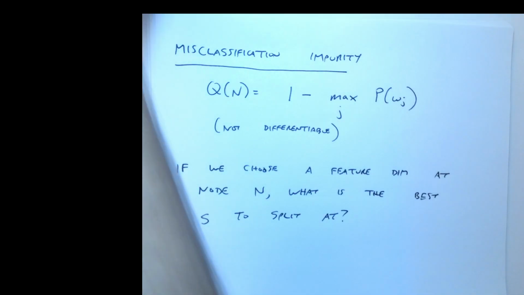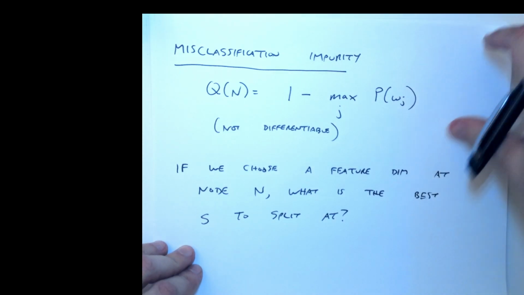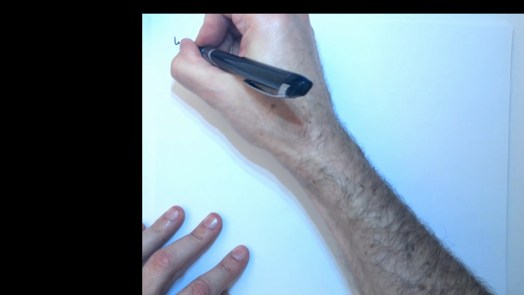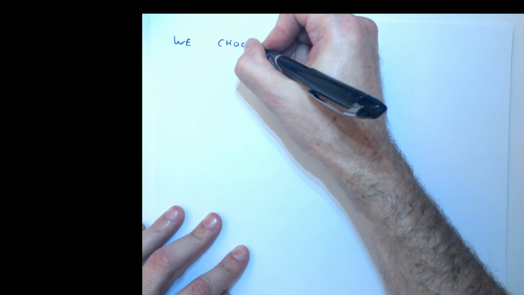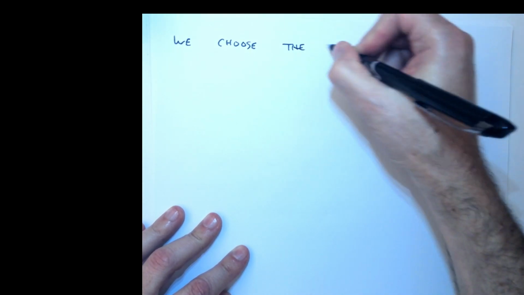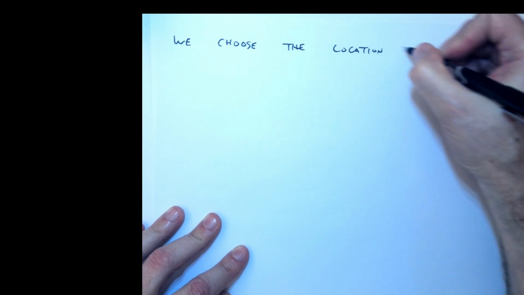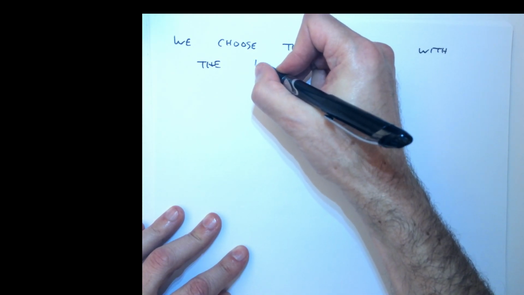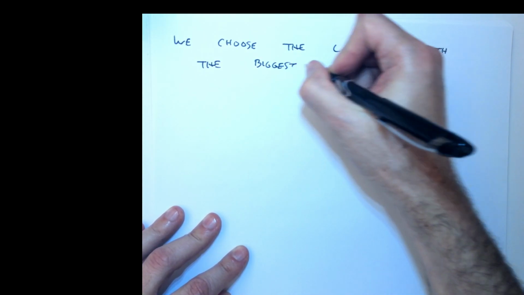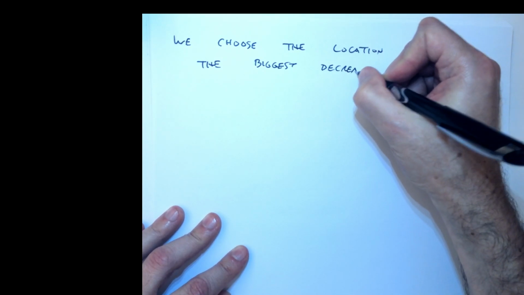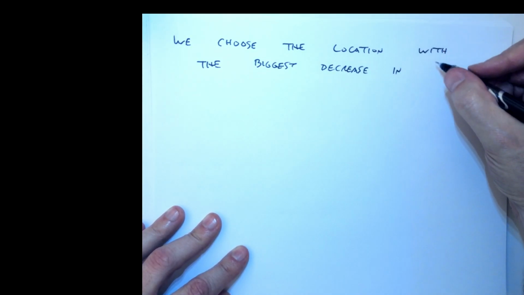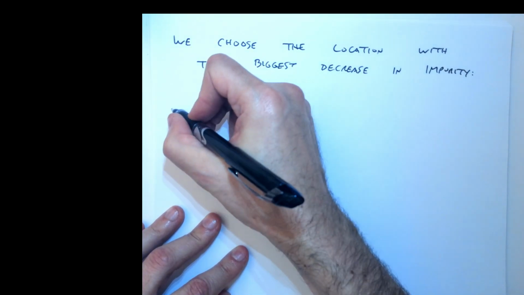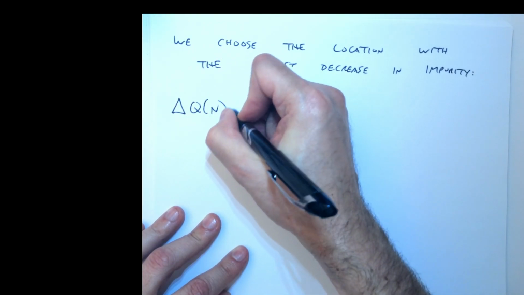So how would that work? Well, I just have to have a measure that says we choose the location with the biggest decrease in impurity. That's like saying that what I look at is the before and after, right?